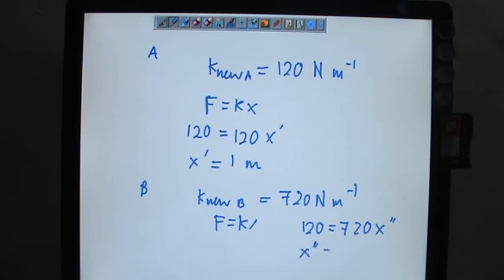So the new extension is 120 over 720, which is almost like 1 over 6, because 12 divided by 72 is 1 over 6. 1 over 6 is like 1 meter chopped into 6 pieces. So that is a value of 0.167 meter, which is like 16.7 cm.